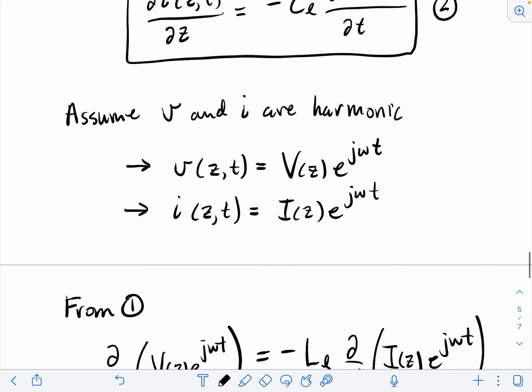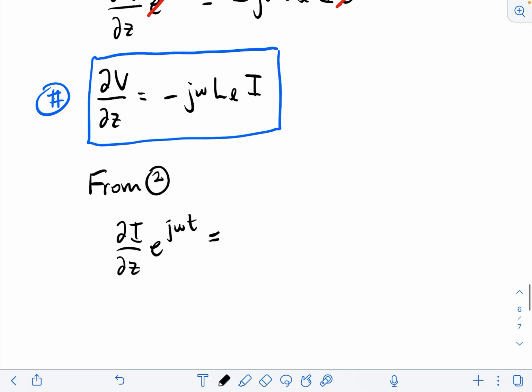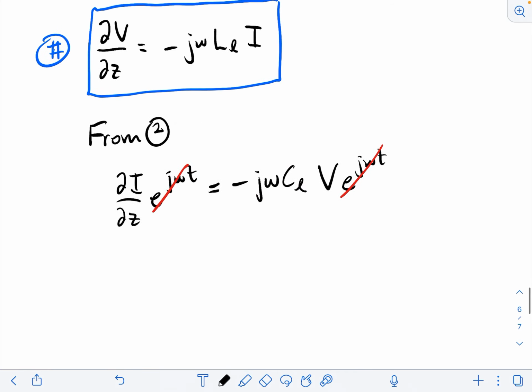That time derivative is going to bring down a j omega. We're going to have the capacitance per unit length, and then the voltage amplitude and e to the j omega t. And once again, we cancel out the e to the j omega t, so all the time dependence is gone. And we're left with di dz is equal to minus j omega capacitance per unit length times the voltage.